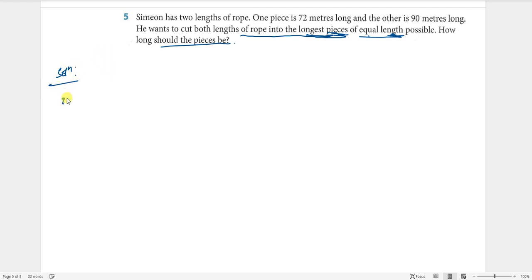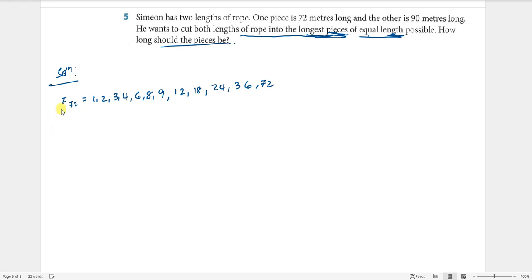So we have F72 is equal to 1, 2, 3, 4, 6, 8, 9, 12, 18, 24, 36, and 72.